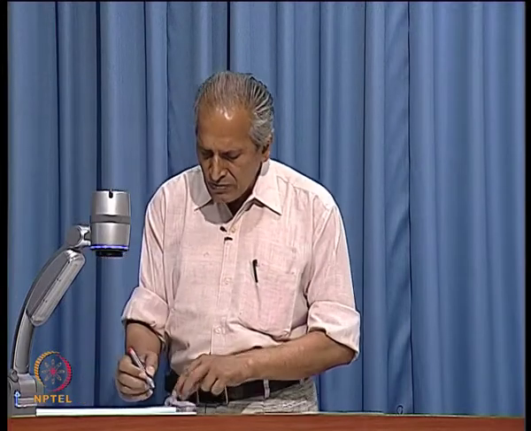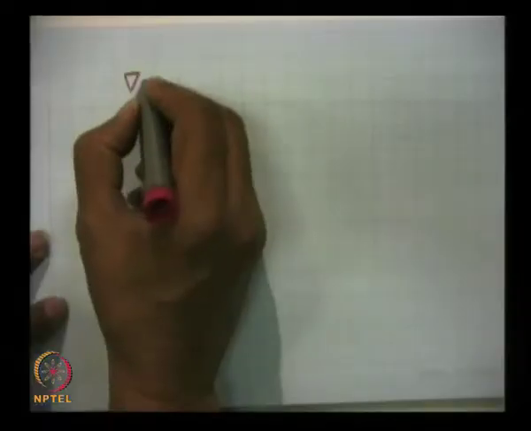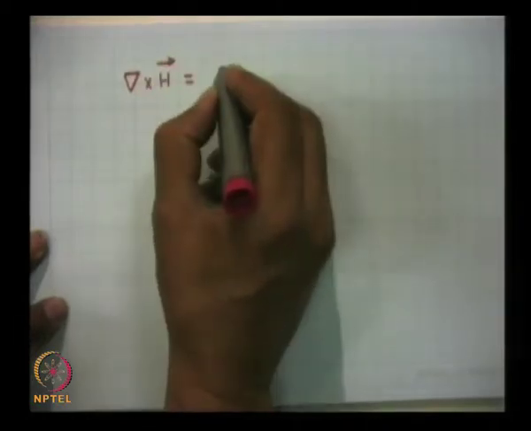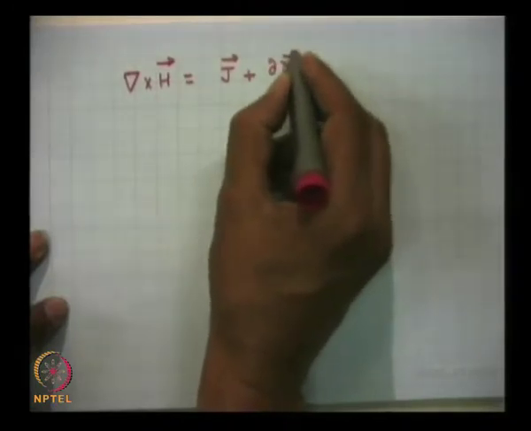So, let me write down the last Maxwell equation, where it is important to combine the conduction current and displacement current. Curl of H, we know, is equal to J plus delta D by delta t.